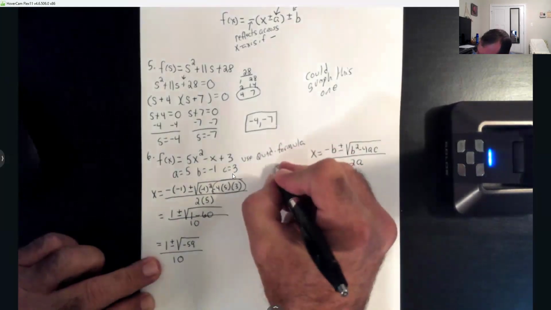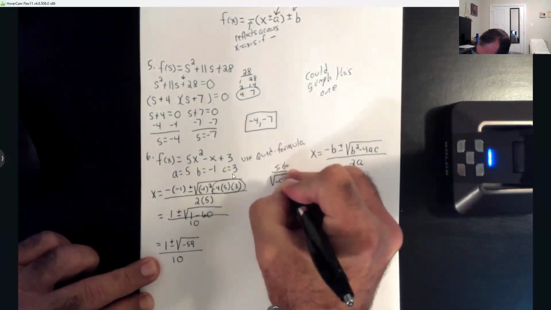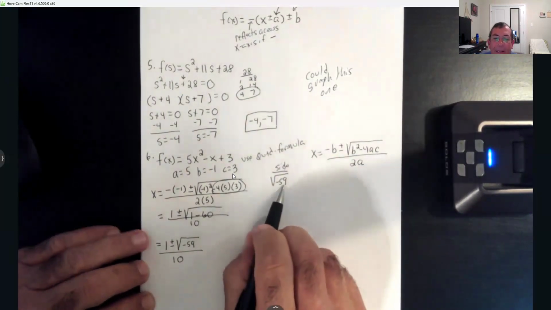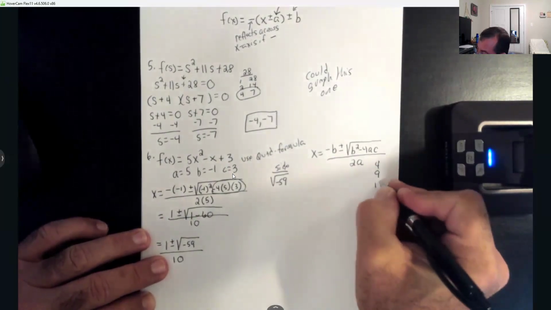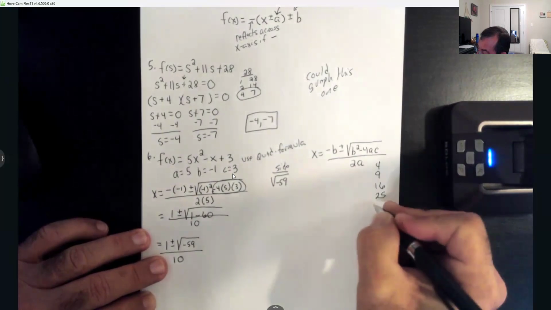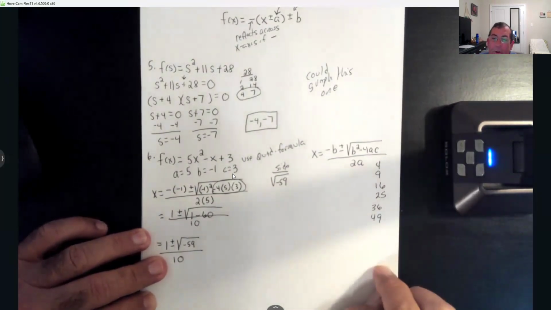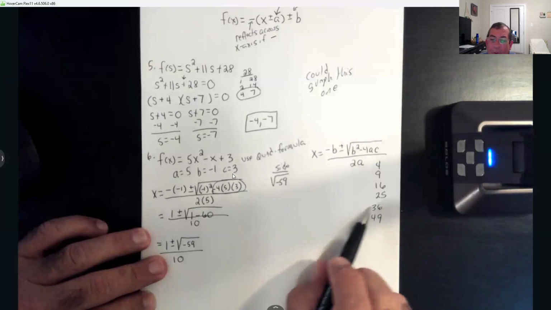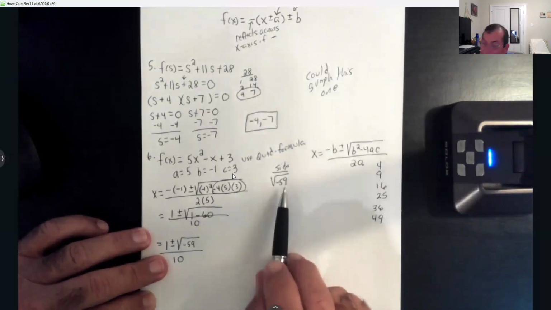So this is where you would come to the side and try to simplify that square root of -59. Now remember, your perfect squares were 4, 9, 16, 25, 36, 49, and so on. I'm just going to 49 because that's the last one that would be smaller than 59.